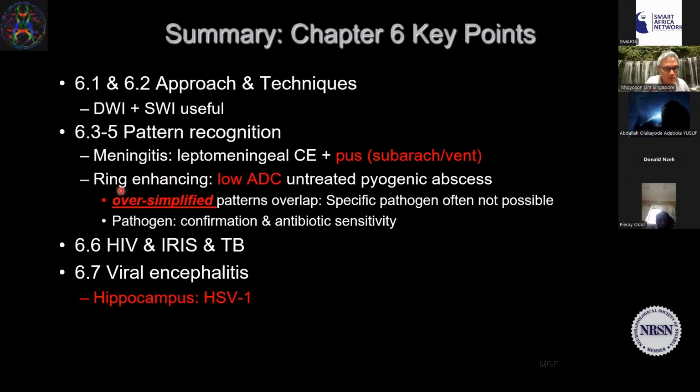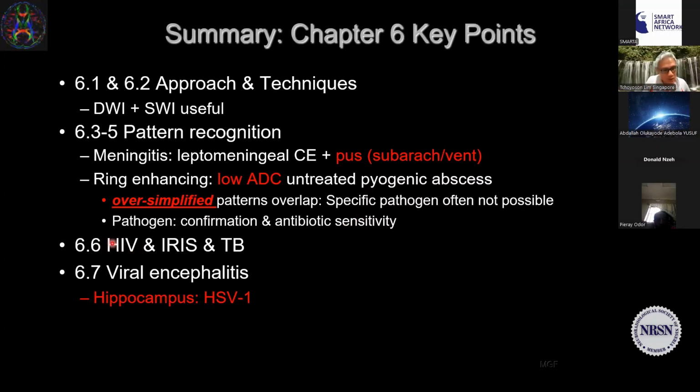We described ring-enhancing lesions, particularly in low ADC and high DWI signal in patients with untreated pyogenic abscess. This is an oversimplification because the patterns will overlap and specific pathogenic diagnosis is often not possible. We need confirmation with CSF or biopsy for the pathogen and its sensitivity.